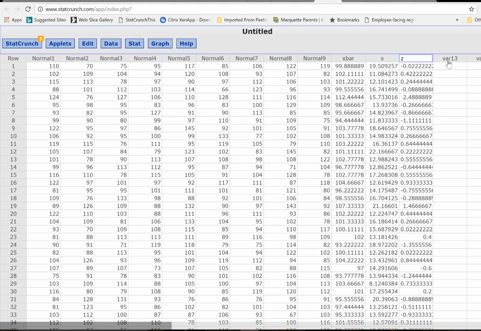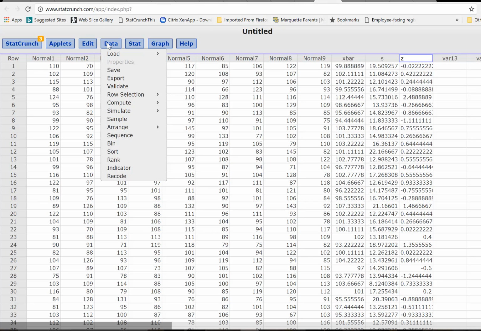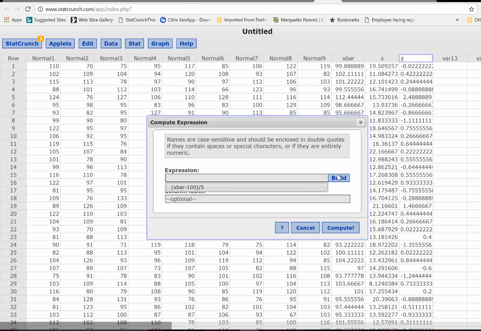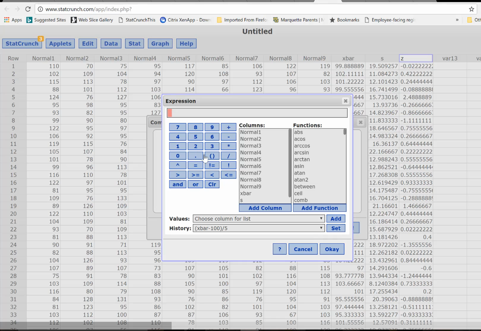Okay? var 13 is going to get T. Same thought. Data, compute, expression, build the expression, put a parenthesis in there. I want X bar minus the mean, which is 100, and then divided by, this time, S divided by the square root of 9.